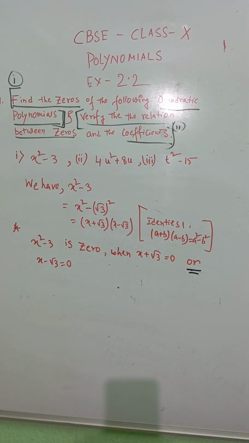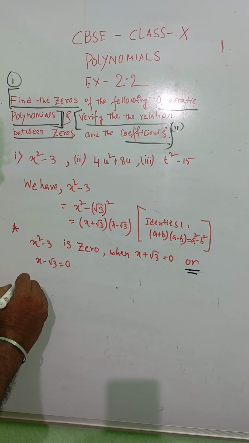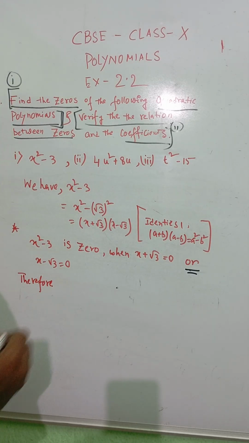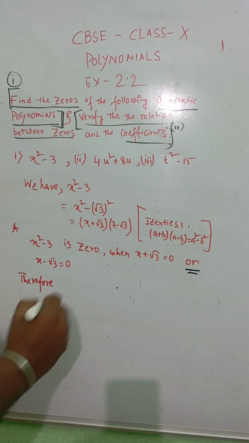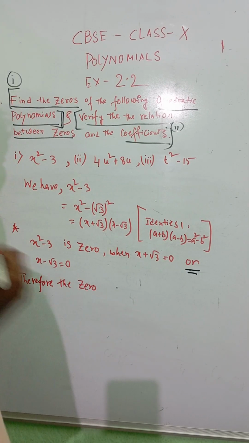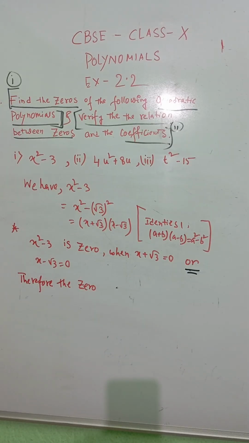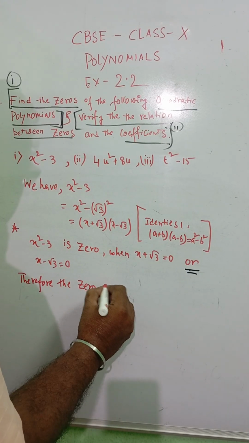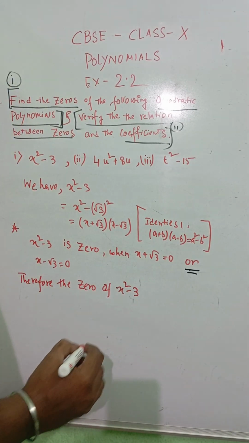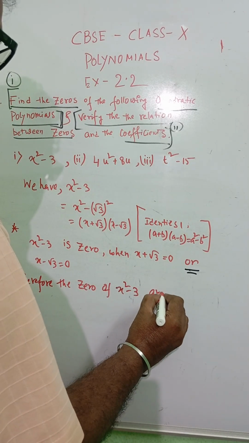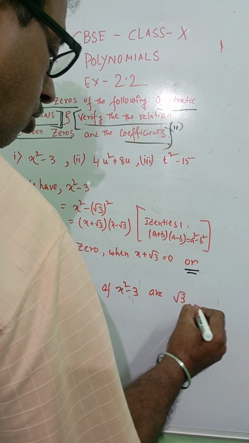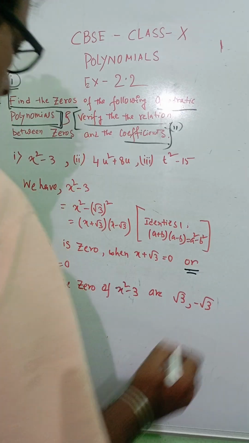And first, this is the main thing. And then write, therefore, the zeros of x square minus 3 are root 3, comma, minus root 3.